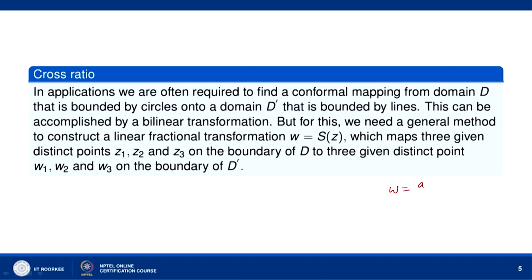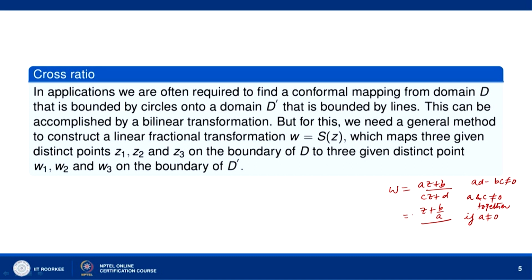You can see w equal to (az plus b) over (cz plus d). Because ad minus bc is not equal to 0, a and c cannot both be 0 simultaneously, because then ad minus bc will be 0. So suppose a is not 0, we can divide by a and write it as (z plus b by a) over (c by a into z plus d by a).